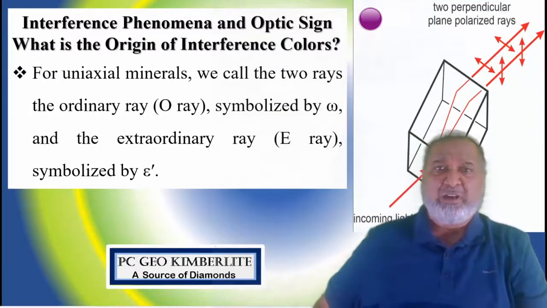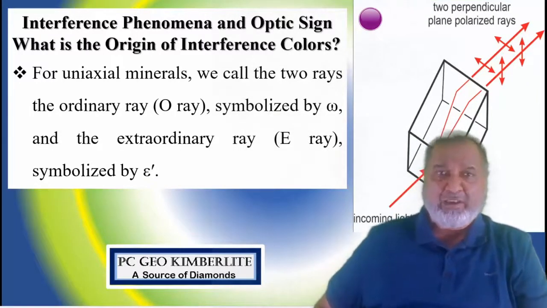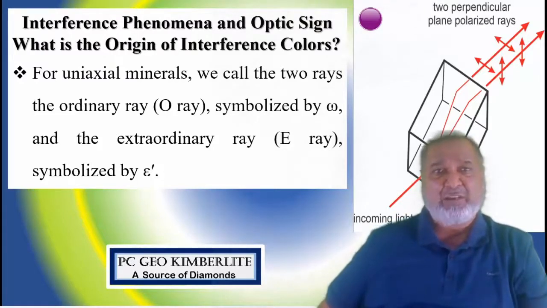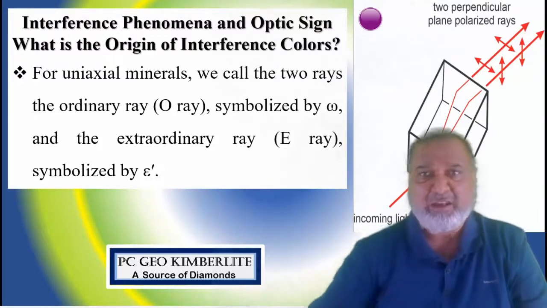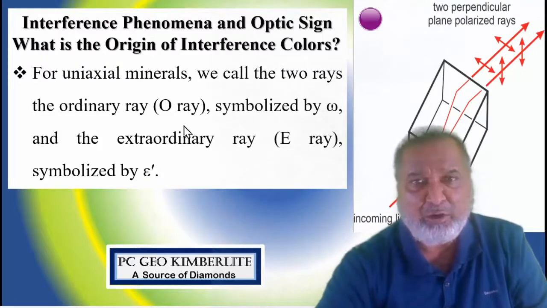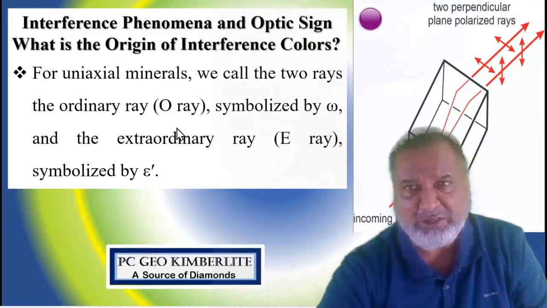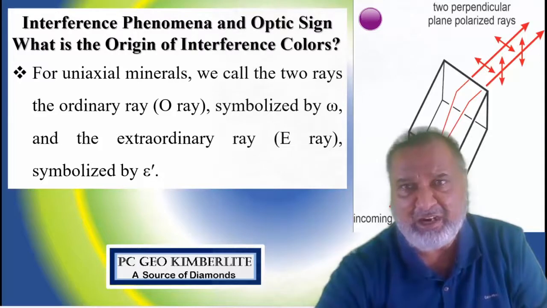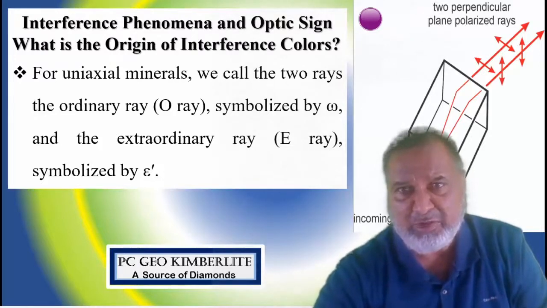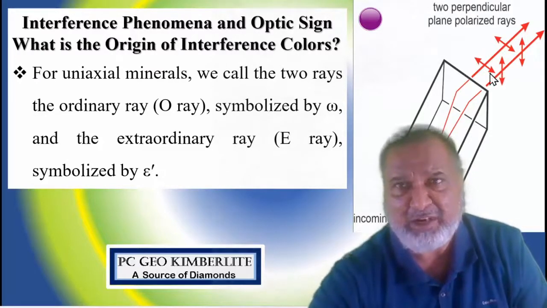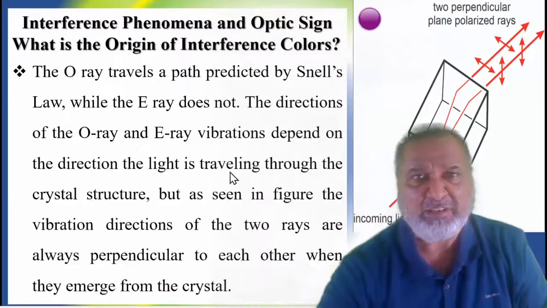For a uniaxial mineral, we call the two rays the ordinary ray, O, and the extraordinary ray, E. The incident light goes from the air medium to the solid medium and is refracted. One is ordinary and the second one is extraordinary.